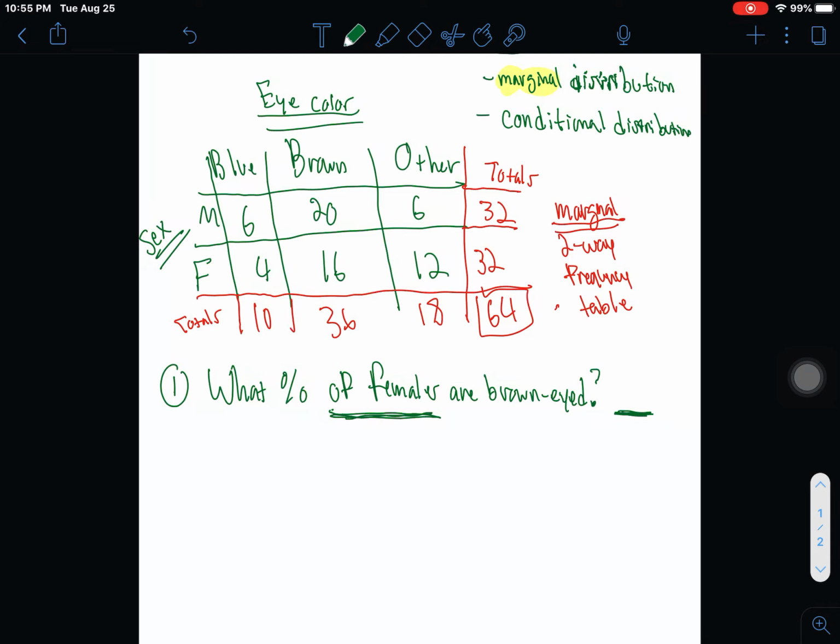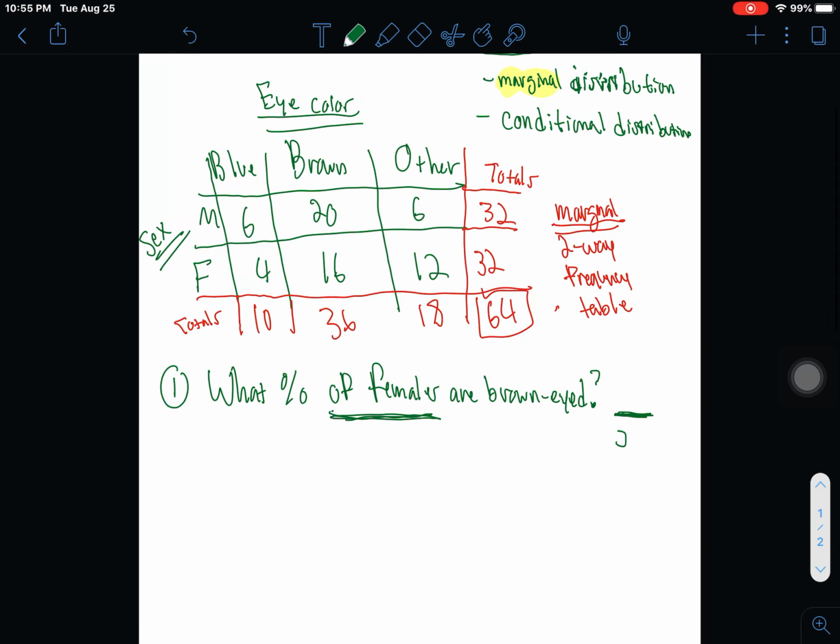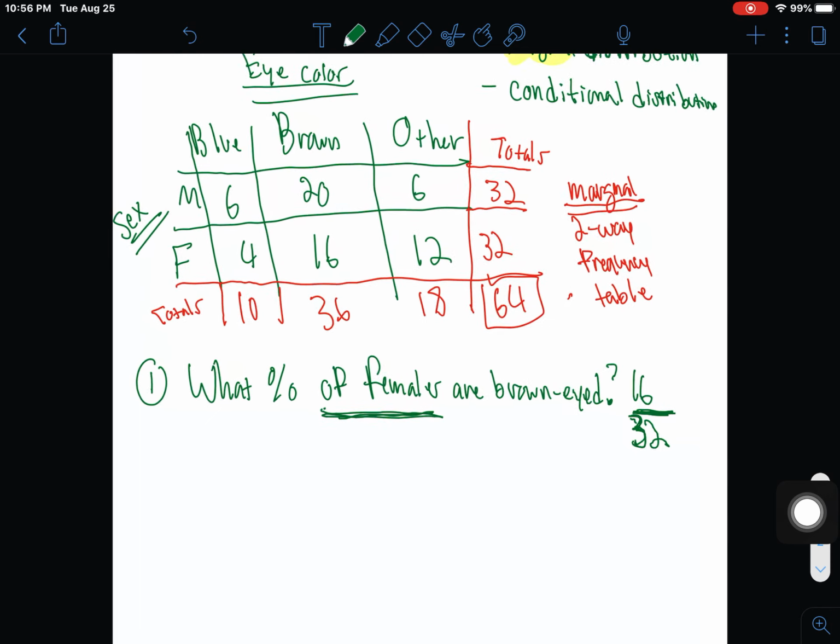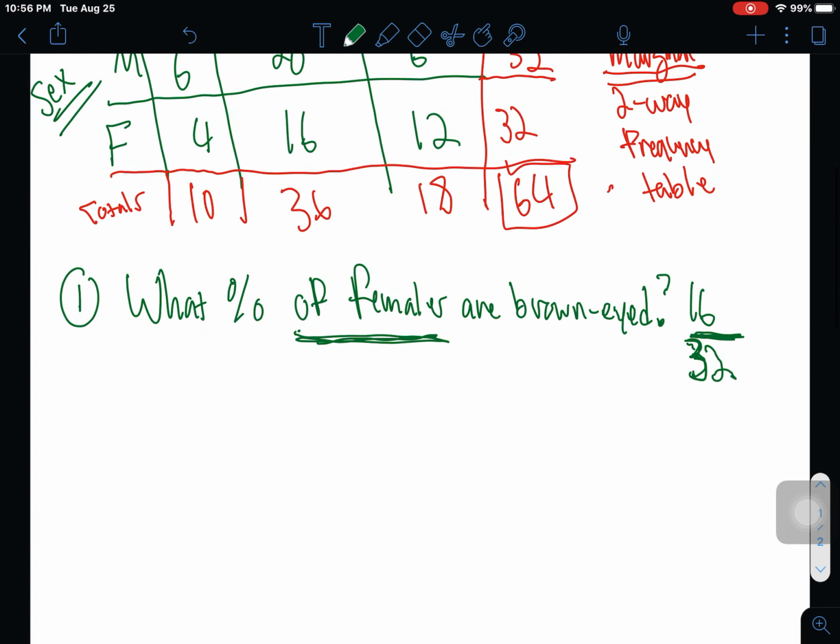We have 32 total females. So I know 32 is going to go on the bottom. And what percent of these 32 are brown-eyed? Well, of the 32 females, we have 16 out of 32, which you can put in your calculator or just recognize that that's 0.5, which is 50%.